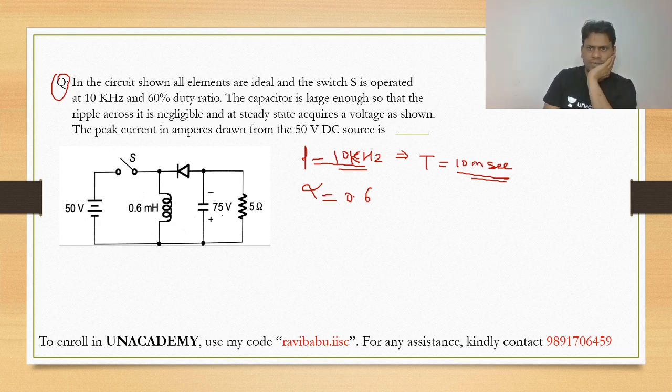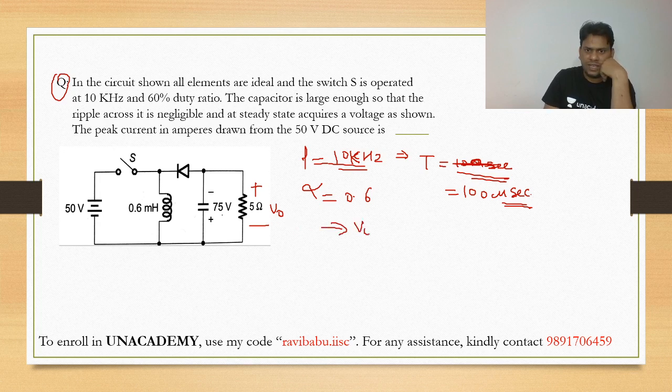So T is equal to 100 microsecond. Now dear, the capacitor is large enough so that ripple across it is negligible. That means this output voltage across this R will be ripple free. So V0 is ripple free. Please mind it.